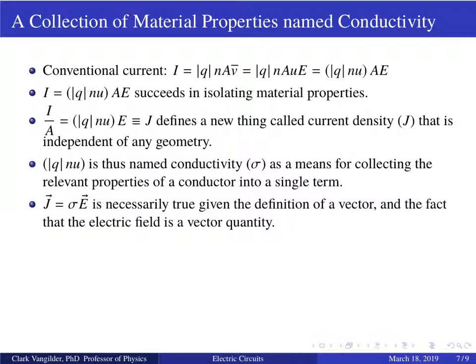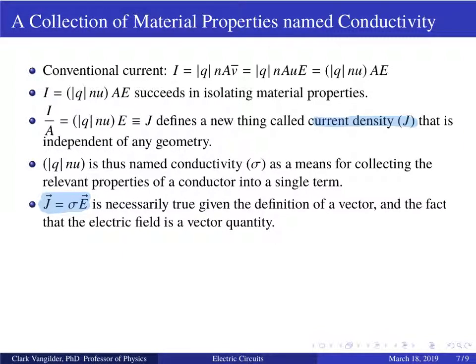And then that lets us do this nifty little thing where our current density, J, now can obtain a direction because it's related to the electric field. This ultimately is why current flow is the opposite of electron flow.